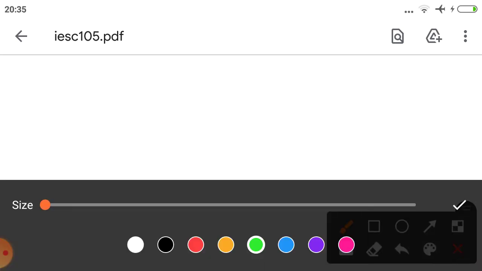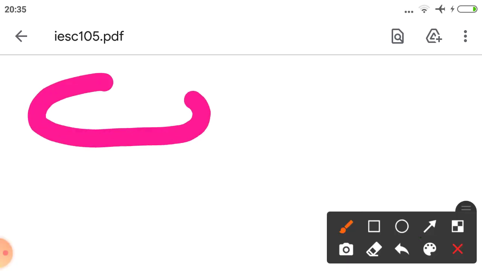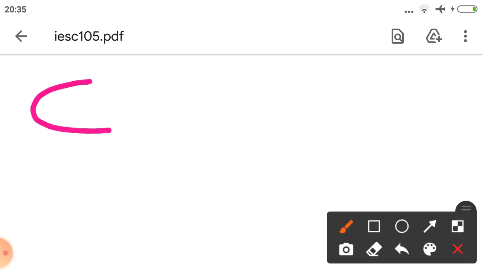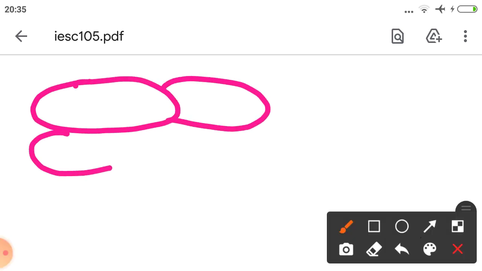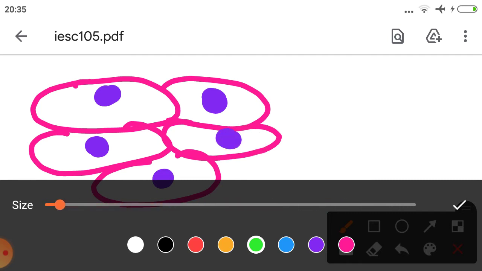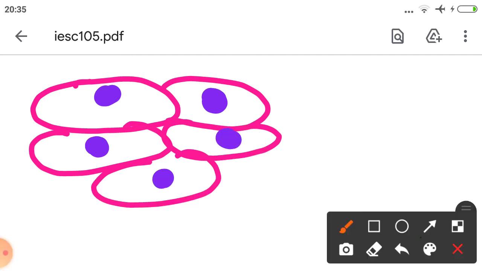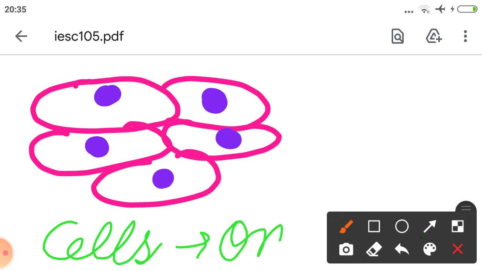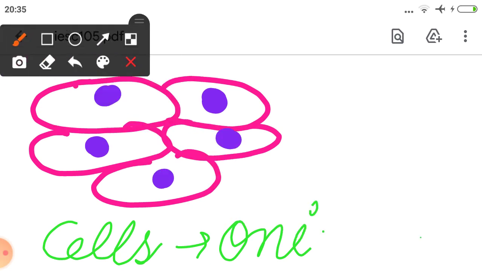These structures, the cells, combine to form a big onion bulb.